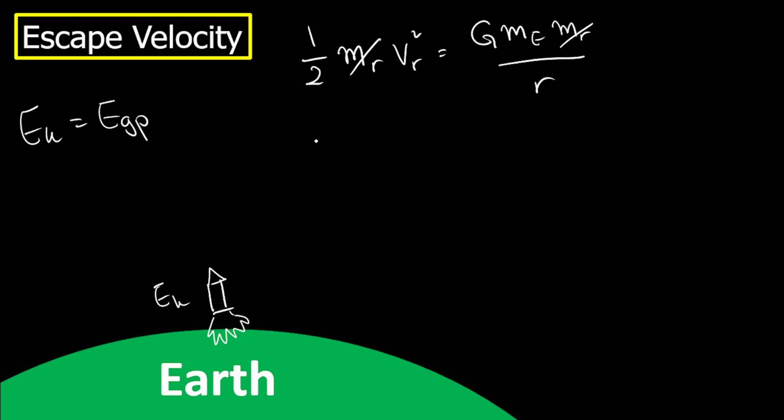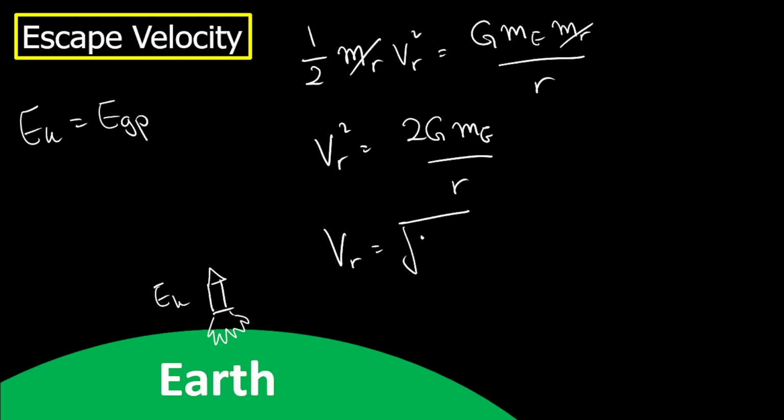What we get is Vr squared equals 2G Me over r. We can square root both sides, and the velocity of the rocket needs to be the square root of 2G Me over r to be able to escape the gravitational pull.